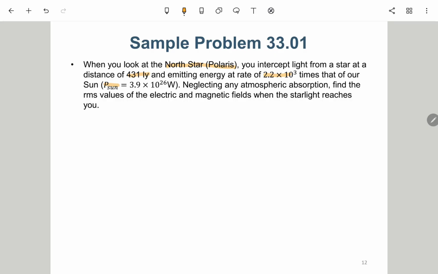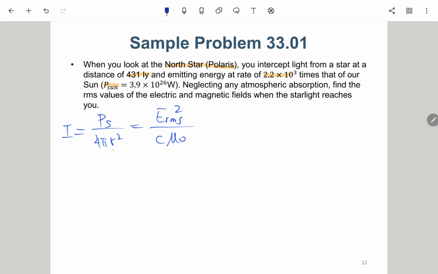Neglecting any atmospheric absorption, neglect any energy loss, find the RMS value of the E field and B field when the starlight reaches you. So here we make use of I equals P S over 4 pi r squared, and also I equals E RMS squared over c mu naught.